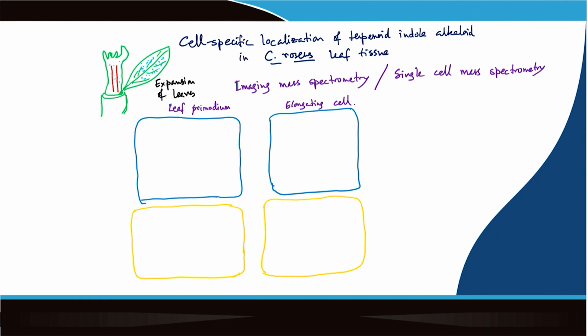So, I will not draw the pathway in the primordium, only what I would like to tell here is that here the level of vindoline is very low, whereas here the level of vindoline is high.